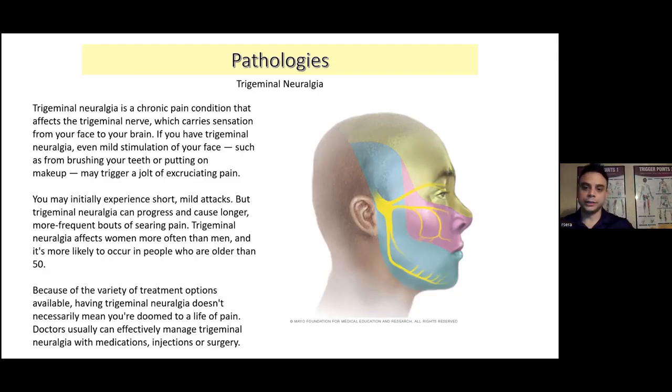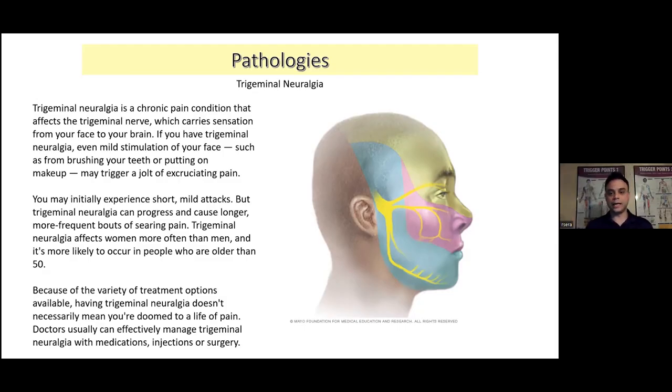Trigeminal neuralgia has quite a few onsets. It could be an infection, could be actual trauma, and so on. Massage itself won't really do anything for trigeminal neuralgia, so our biggest concern is making sure that the client is comfortable and doesn't get any painful sensations while they're there.